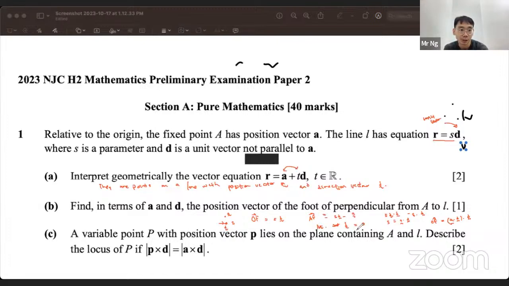Okay, let's move on. A variable point P with a position vector lies on the plane containing A and L. Describe the locus.